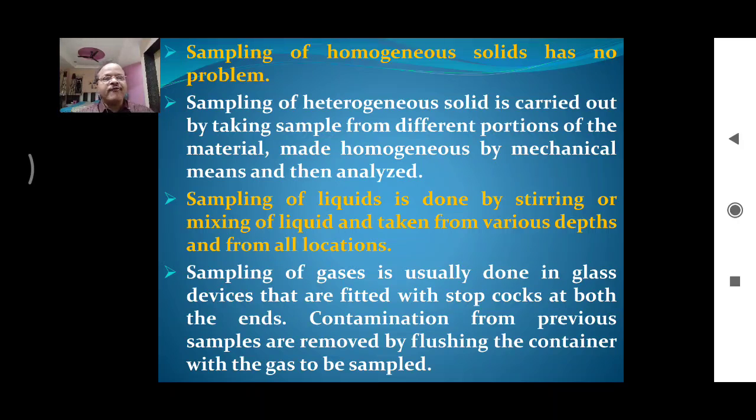Then sampling of gases is usually done in glass devices that are fitted with stopcocks at both ends. Contamination from previous samples is removed by flushing the container with the gas to be sampled.